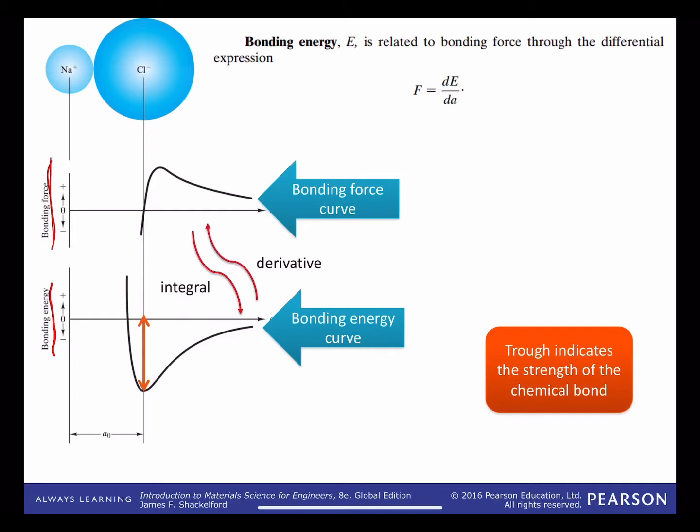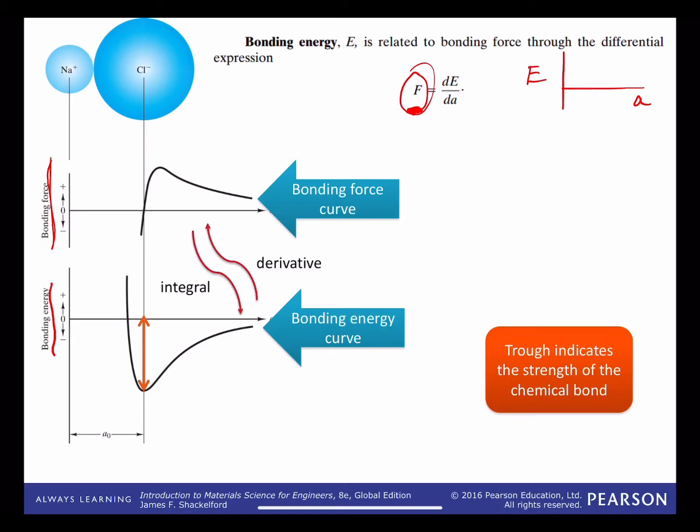Or in other words, thinking of the opposite, the force information is generated by taking the derivative of the data in an energy versus inter-ion distance graph. So if we know the same information for energy, if we take the derivative of that data, we can get the force data. So that's what that's indicating down here.